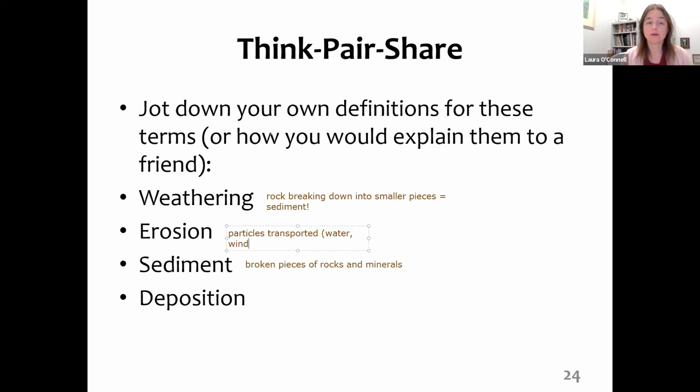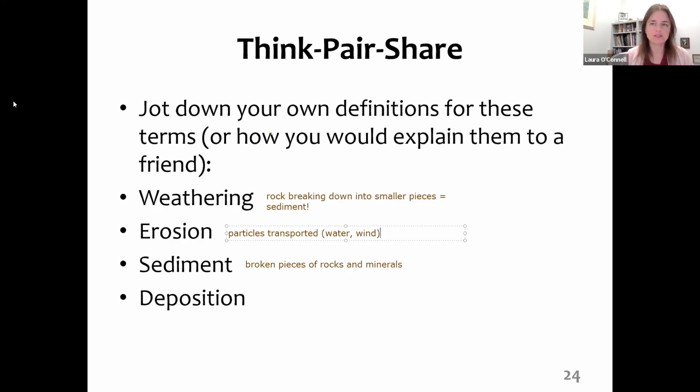It could be that sediment, and mud is an example, gets stuck in your shoe and then you fly in a plane to a new place. So all of those are examples of erosion, but generally we're talking about the natural rock cycle here. So we're going to stick with water and wind as being our big erosion contributors here.